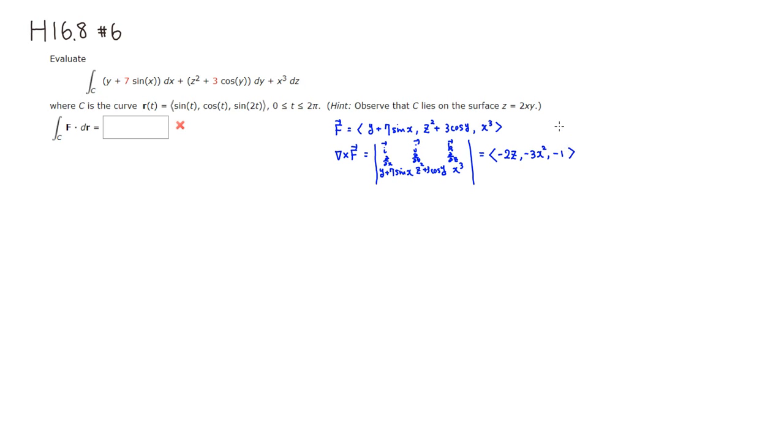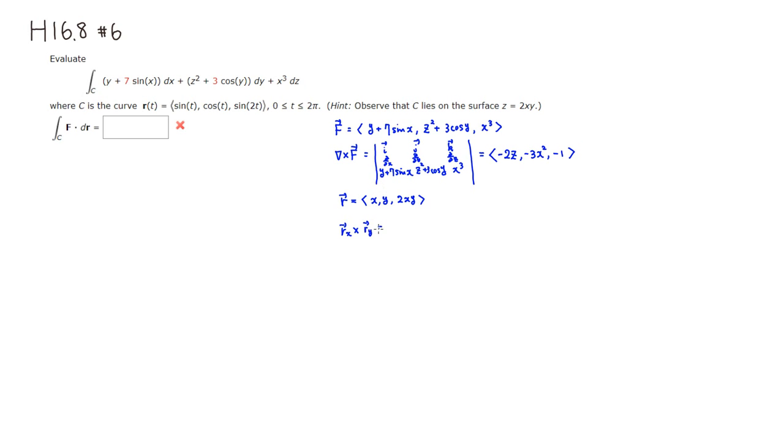Right? Then the surface is z equals 2xy, so you can use the parameterization vector r is going to be x, y, and 2xy. So we can find r partial with respect to x, cross product with r partial with respect to y.